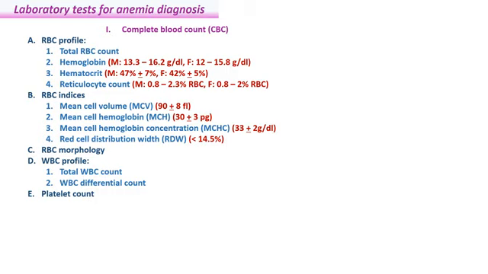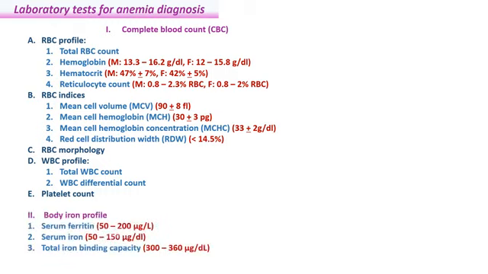Under the heading of RBC index, it is the mean corpuscular volume, mean corpuscular hemoglobin, mean corpuscular hemoglobin concentration, red cell distribution width, then RBC morphology, WBC profile. Under the heading, it is WBC count and WBC differential count, and platelet count.